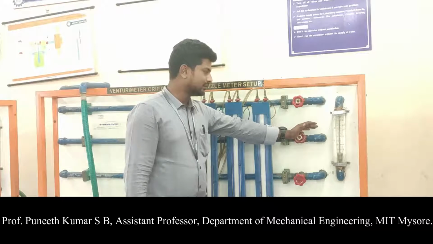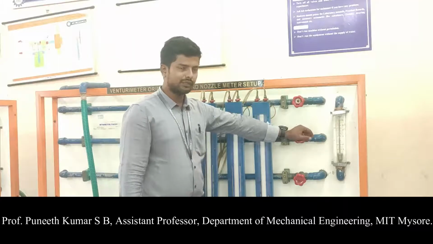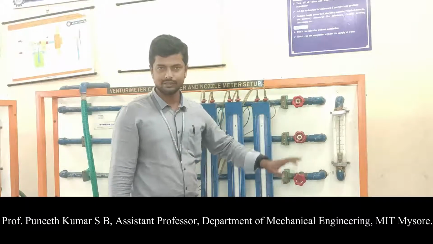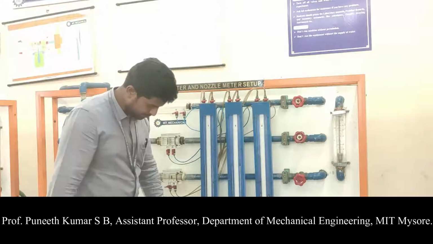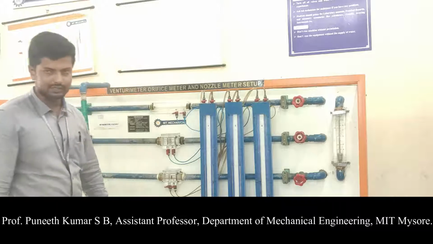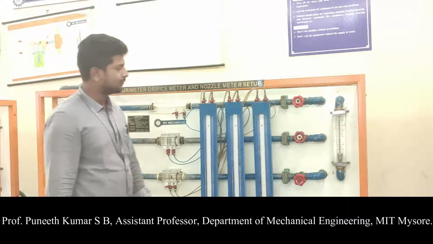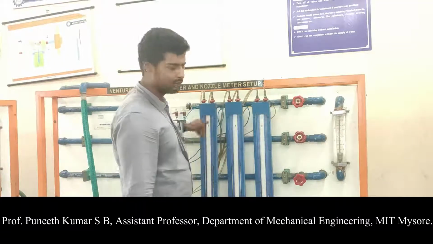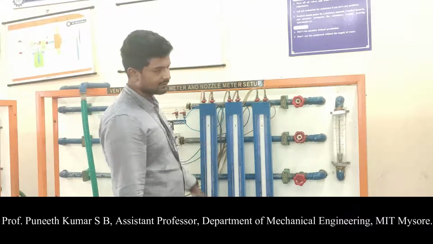Now it is almost partially open and the other two valves are totally closed. That means there is a pump beneath this reservoir tank which will make the flow happen only through this circuit, where the orifice is placed.